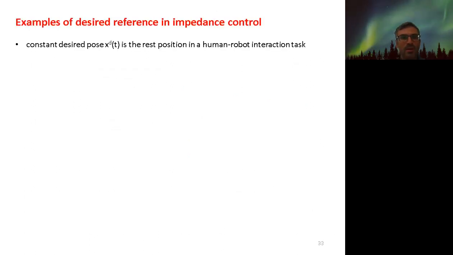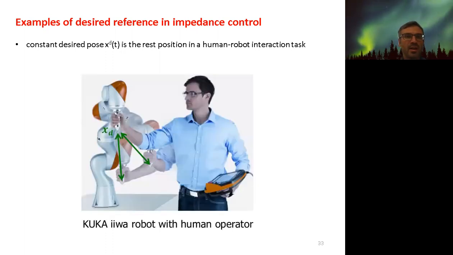As an example for the desired pose, in this case we also have the orientation. We'll see later how to define the impedance for the orientation. Let's say this pose, so this position and orientation, is constant in time, and we have a human interacting with the end effector.